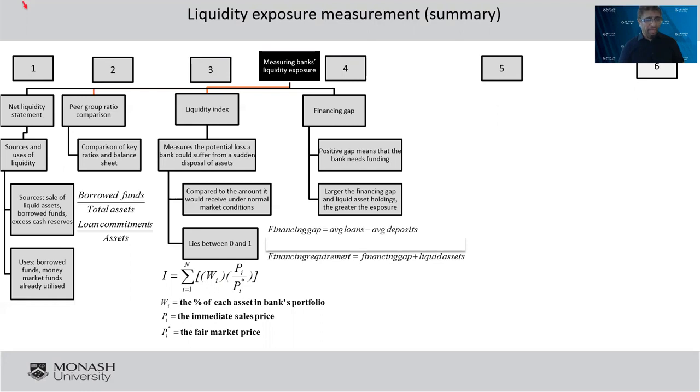We have to have liquid assets and cash, and this has to be included in the financing requirements. So we calculate the financing gap and add to it these liquid assets, and that will represent the total amount we need: the difference between the deposits and the loans, plus the cash we need.